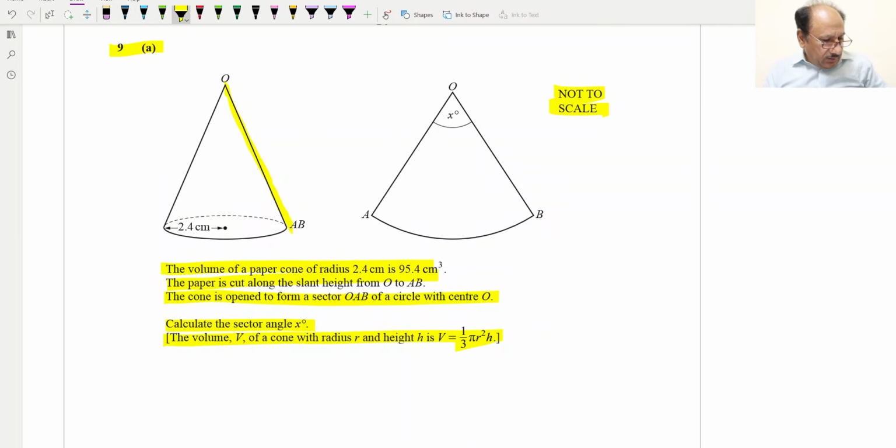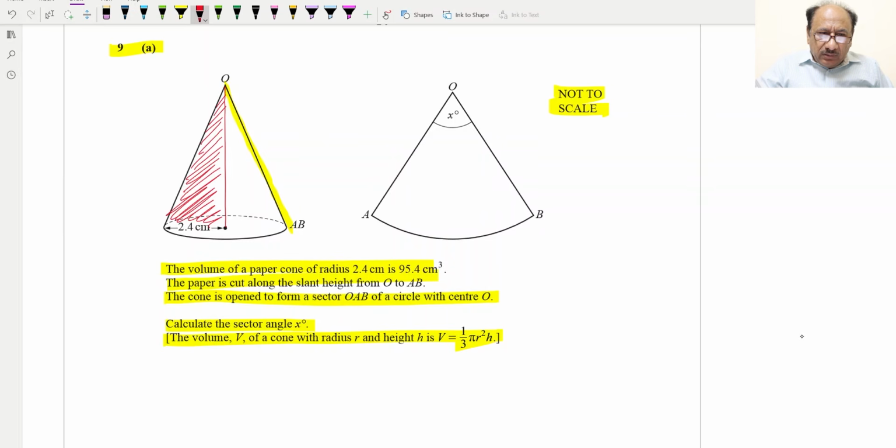So if we draw the triangle, basically to understand, we can draw a triangle, and this will be the triangle which we will be considering. The radius is 2.4, and how can we find the height?